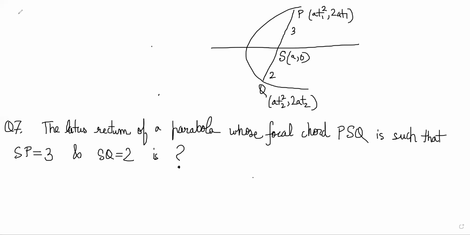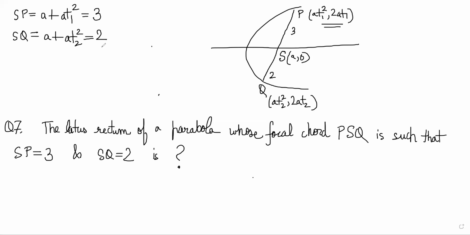You have several equations, right? If you take P as this T1 square, 2a T1, SP is equal to A plus X. So A plus A T1 square, that is 3, right? And SQ is equal to A plus A T2 square, and that is 2.